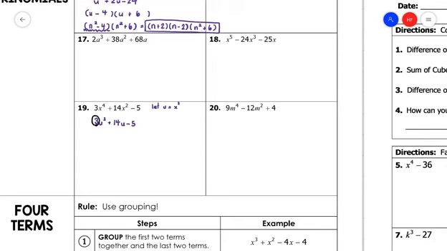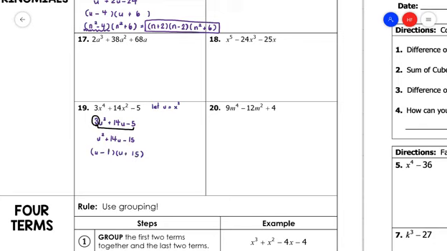We're going to use slide and divide, so I'm going to take this 3, multiply it by negative 5, and so I get u squared plus 14u minus 15. I need two numbers that multiply to give me negative 15, but add to give me 14. And that could be negative 1 and positive 15.